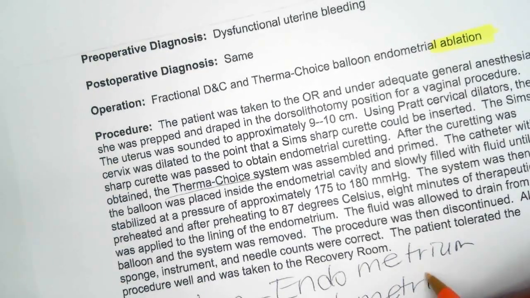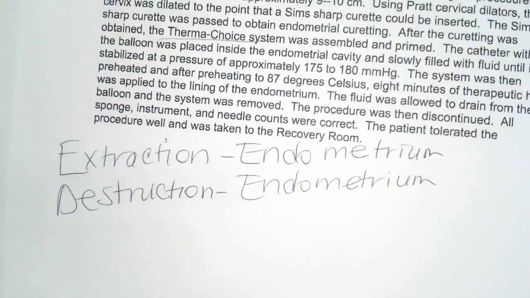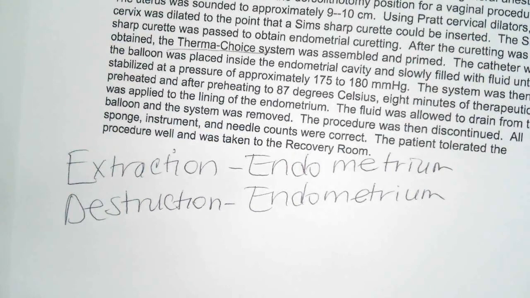To support why we can code both of these, go back to your multiple procedure guidelines. So I'm going to go in the index, and I'm going to grab both tables, one for the destruction and one for the extraction. I'm doing this to save myself some time.